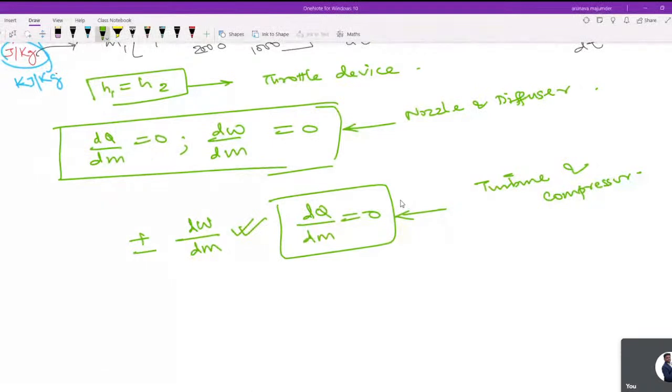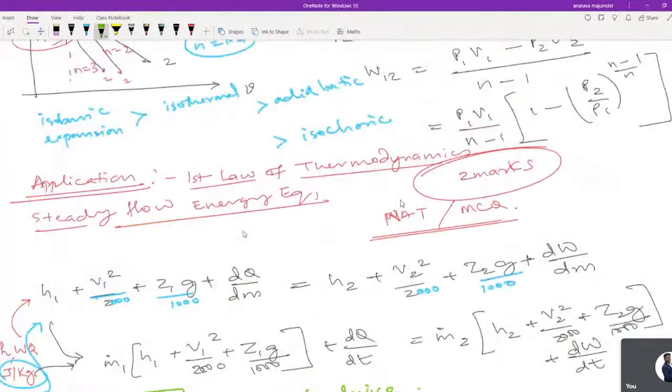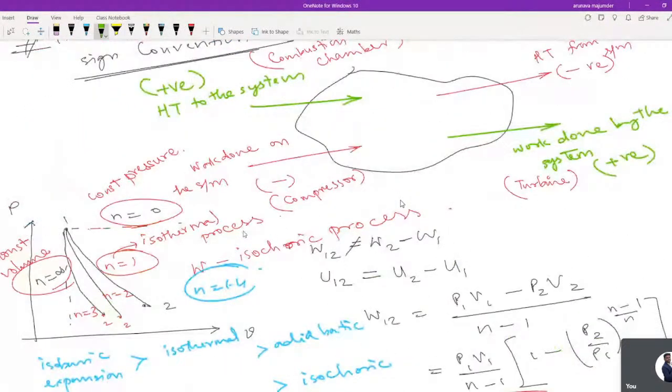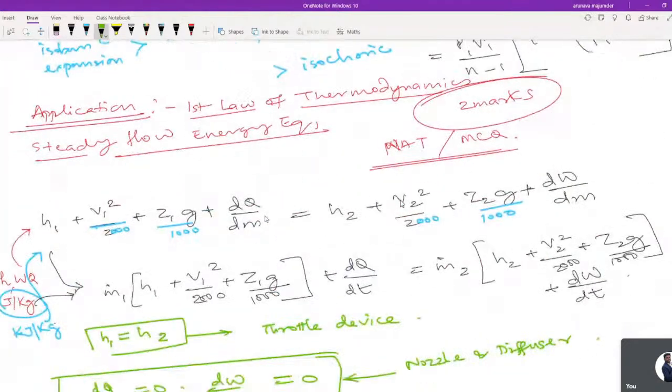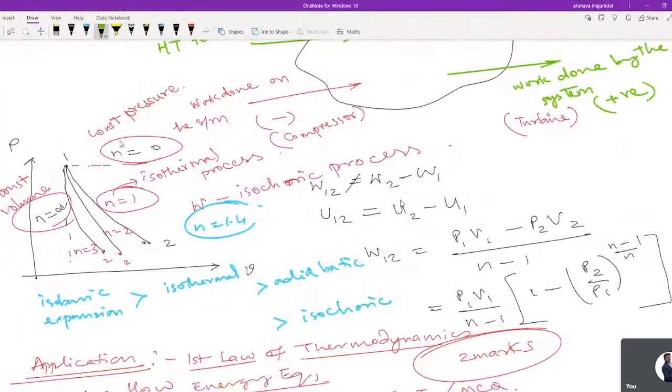One is not coming zero. One is for isothermal. It will not come zero.